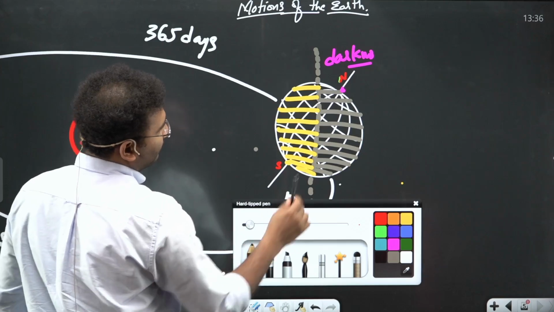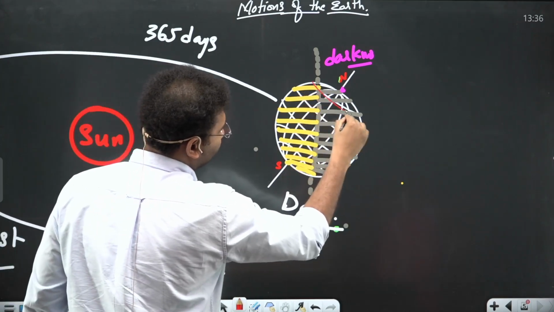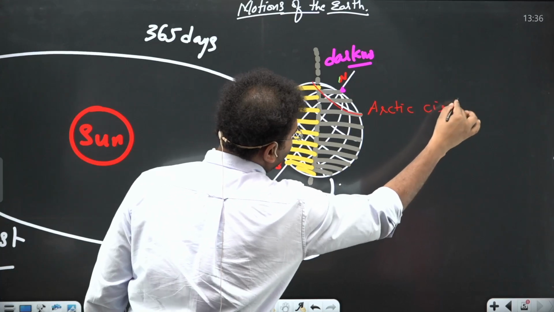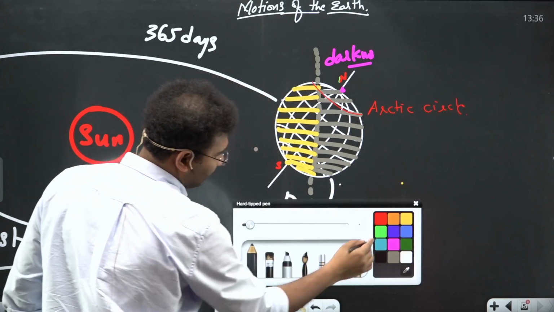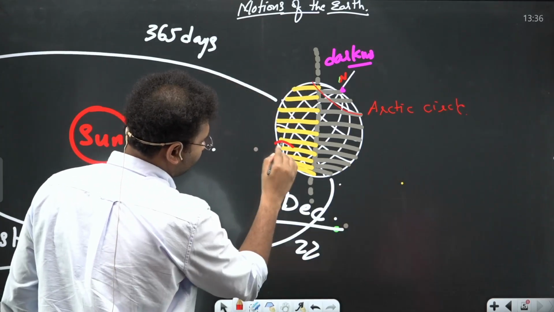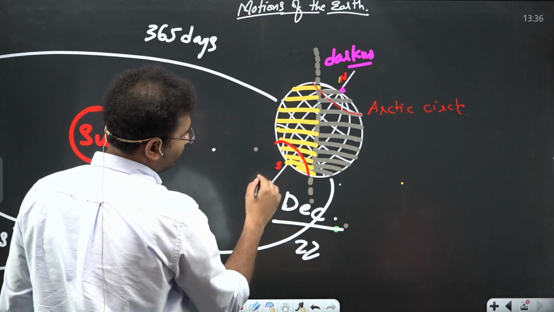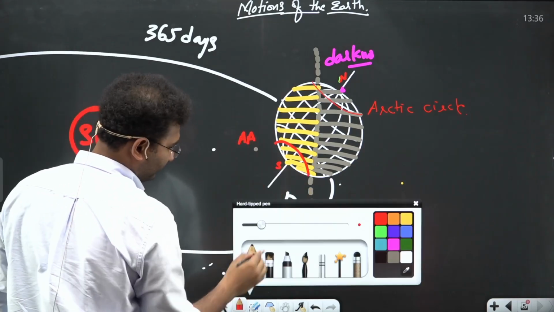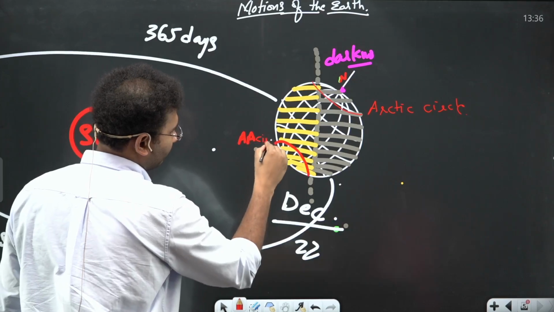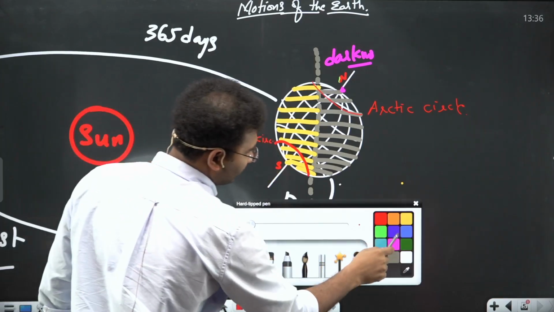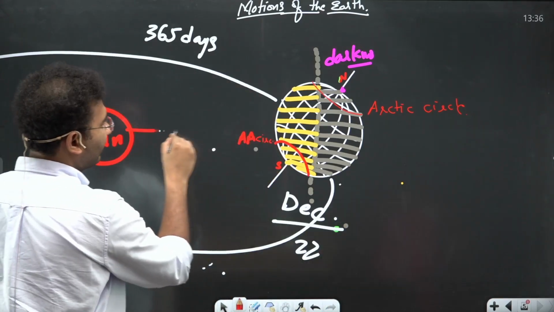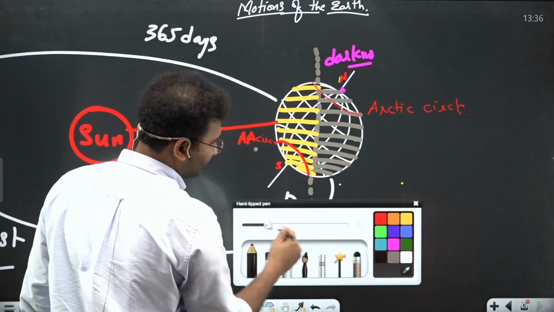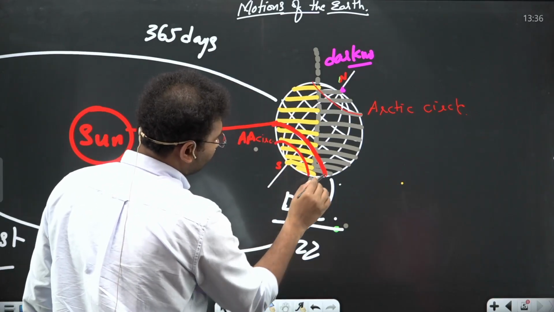If this is the Arctic Circle, and this is Antarctic Circle, right? Antarctic Circle. And your sun rays which are there, they will be directly falling on what? They will be falling on, if this is your Tropic of Capricorn, okay?